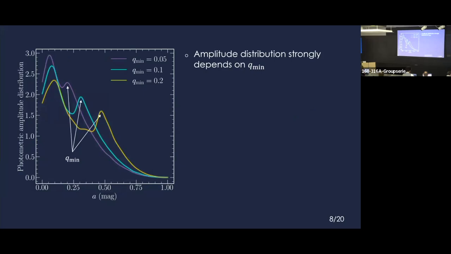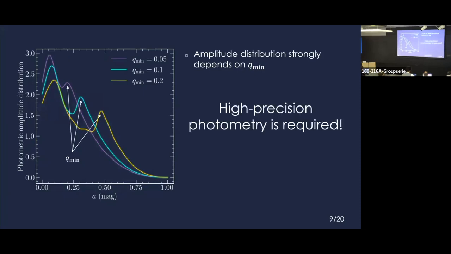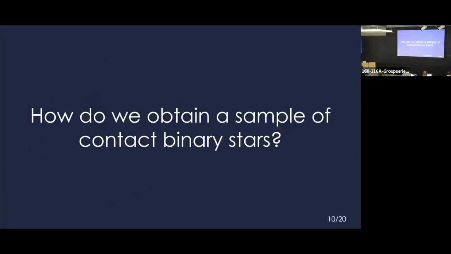But to be able to use this to infer the minimum mass ratio, we require high precision photometry, which ground-based surveys just cannot provide. For that reason, we had to construct our own sample, and we used the Kepler eclipsing binary catalog.